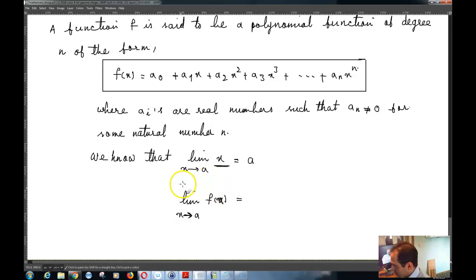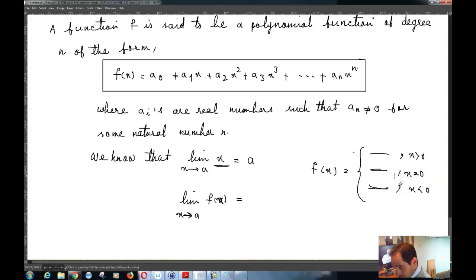I just saw one example where this was not the case, and that was one of those functions where you have f of x equal to this and this and this, a couple of clauses for different parts of the domain. For example, x greater than 0, x equal to 0, x less than 0, and so on and so forth.